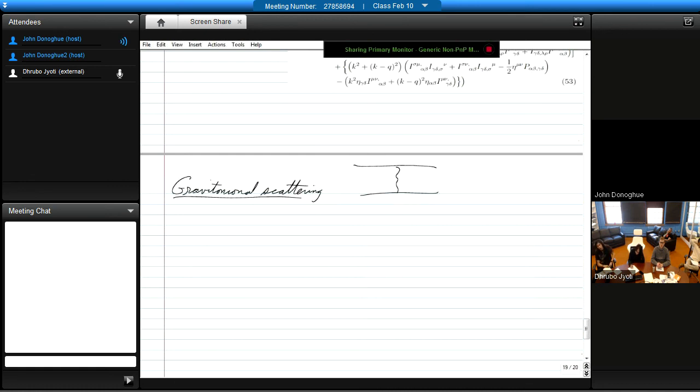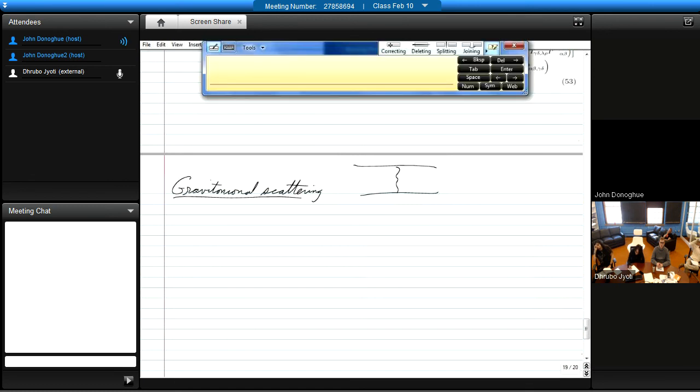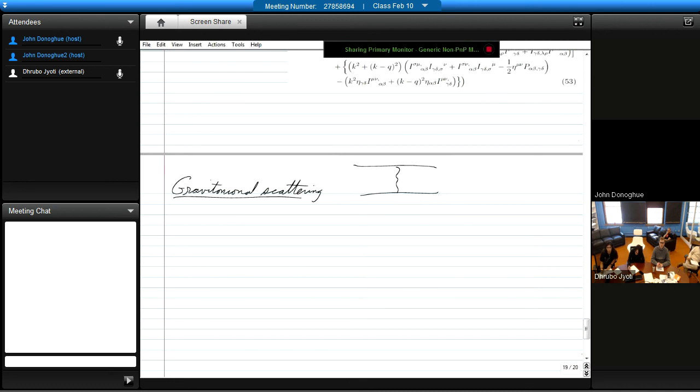There's the Feynman diagram. Okay, well, the matrix element for this: now there's an i kappa over 2 at one vertex.